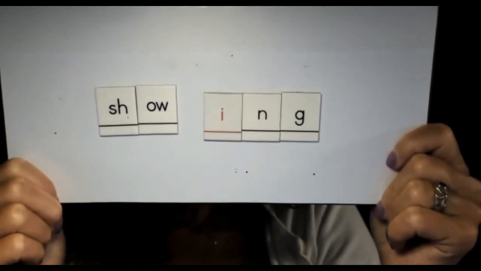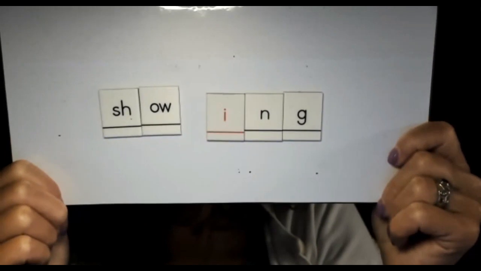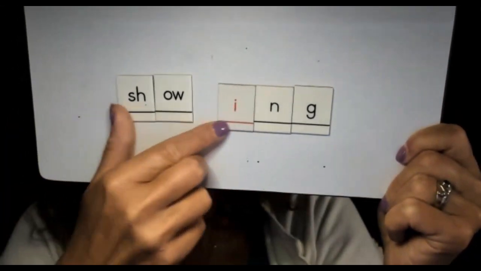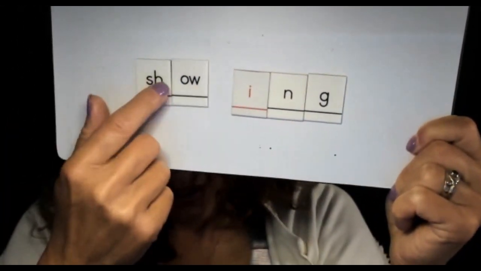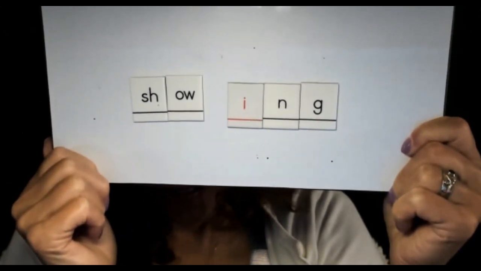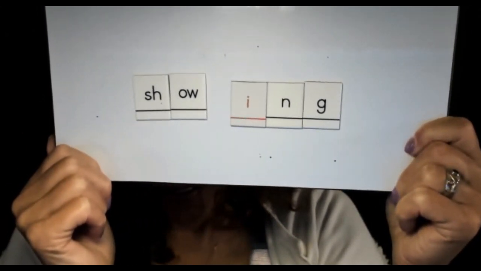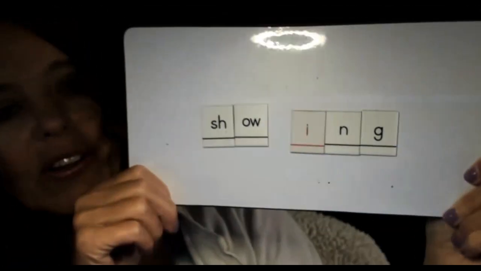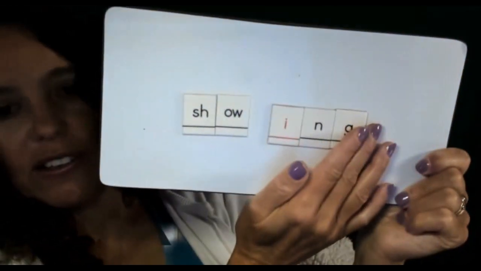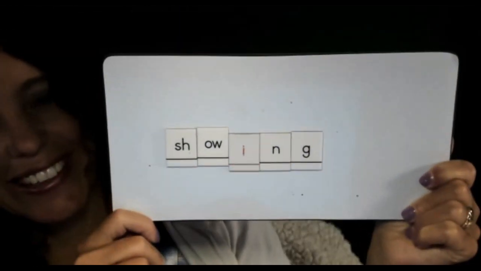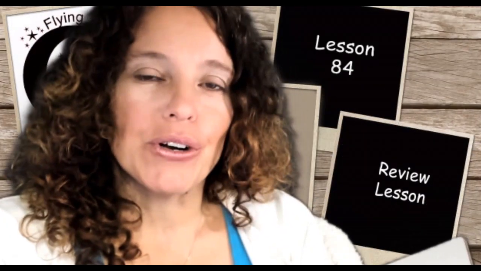And what I'm wondering is, what's the great rule for adding suffixes to vowel teams? Tell your teacher. Well, in this case, I'll just do it, slam it on. The only exception is if the word ends in E, and then we drop the E and add the ending.